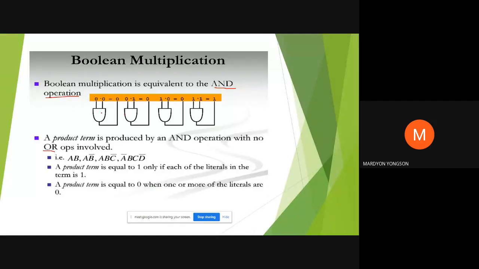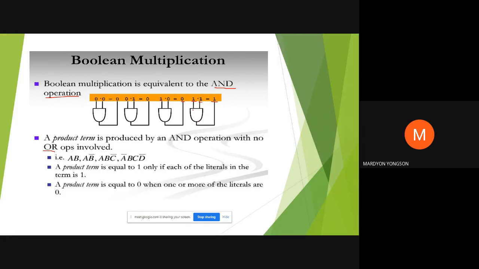So dito, since multiplication siya, yung answer niya magiging 1 kapag both inputs are 1. So as you can see, 1 times 1, we have the output of 1. And the rest of the sample, we have 0 times 0 equals 0, 0 times 1 equals 0, 1 times 0 equals 0.